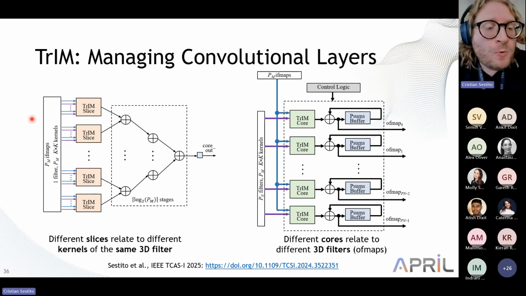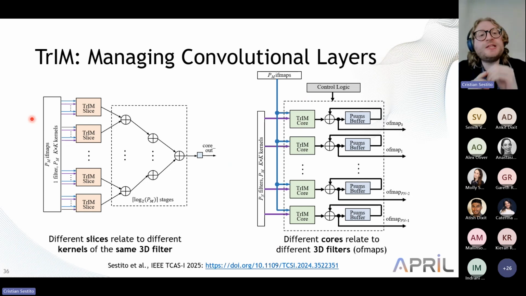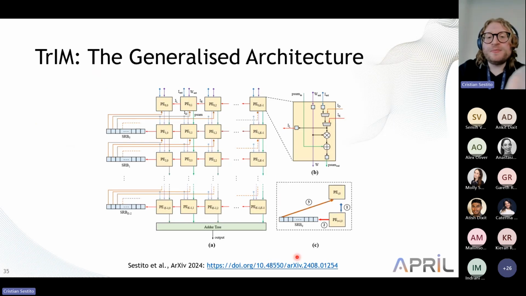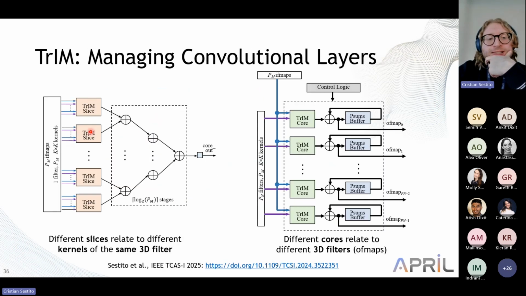To do so, we conceived a hardware architecture that accommodates multiple primitive elements that we defined before, which we called TRIM slices. The results from these TRIM slices are accumulated by an extra adder tree to finalize this space accumulation in order to get your output feature map results.